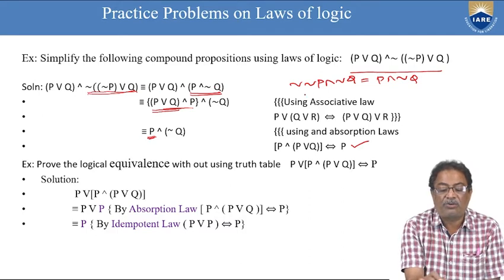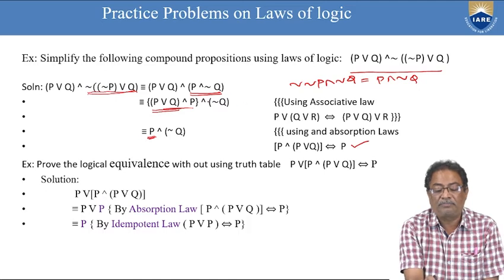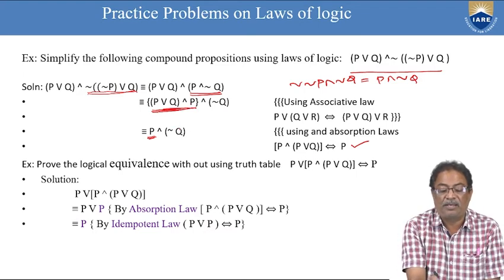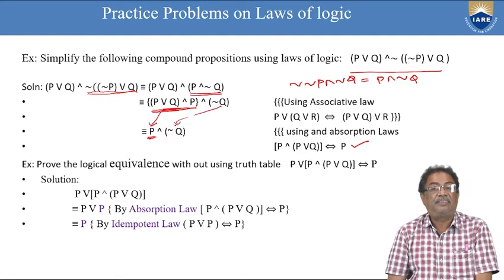So apply associative law. So what am I going to get? P and Q and R. Now for this, we are going to apply absorption law. So the whole thing will become P. And of course, I am not going to change this. This is negation of Q.